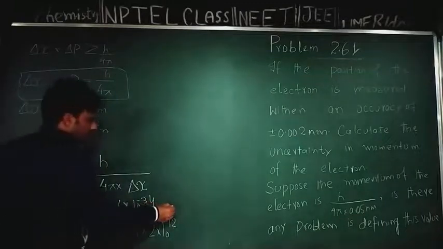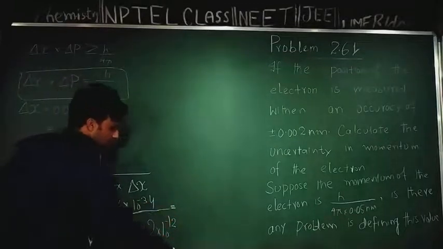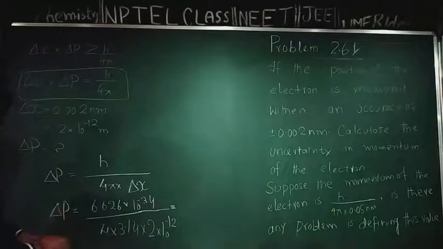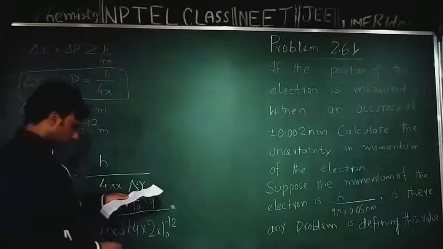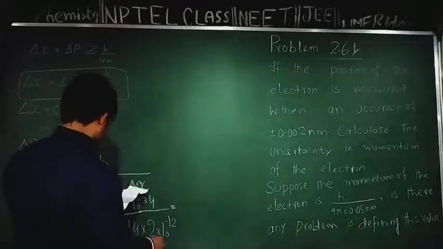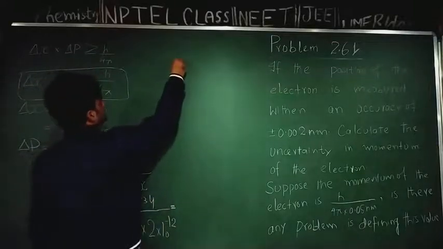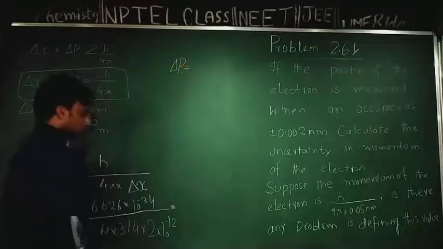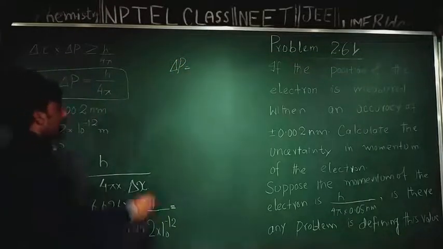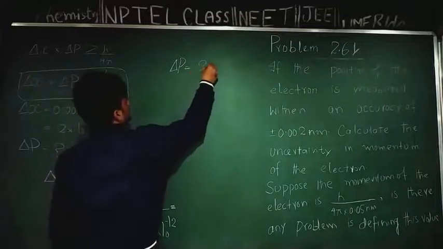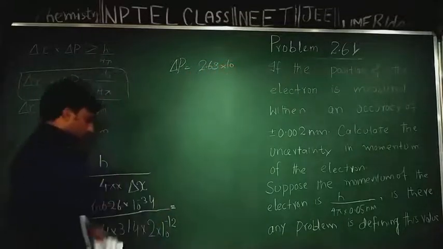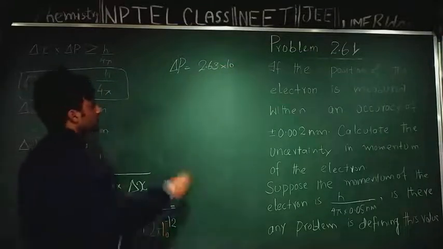I have calculated the value of uncertainty in momentum, delta p, and it comes equal to 2.63 into 10 to the power minus 23.